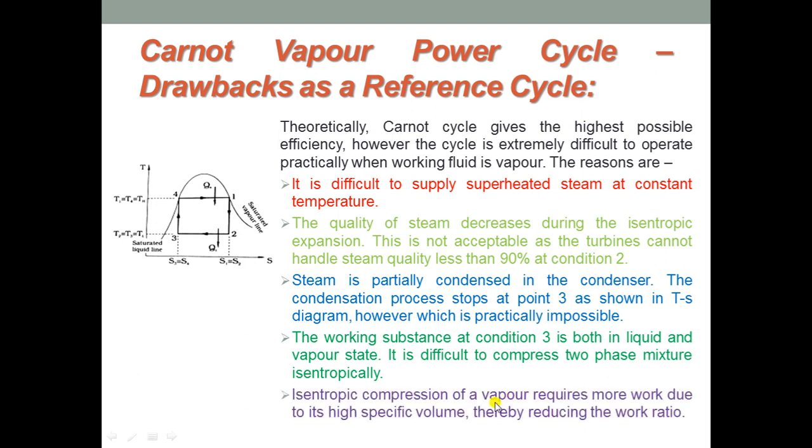Isentropic compression of a vapor working substance requires more work due to its higher specific volume. Therefore, there will be a reduction in work ratio. That means there will be a reduction in the output of the system.